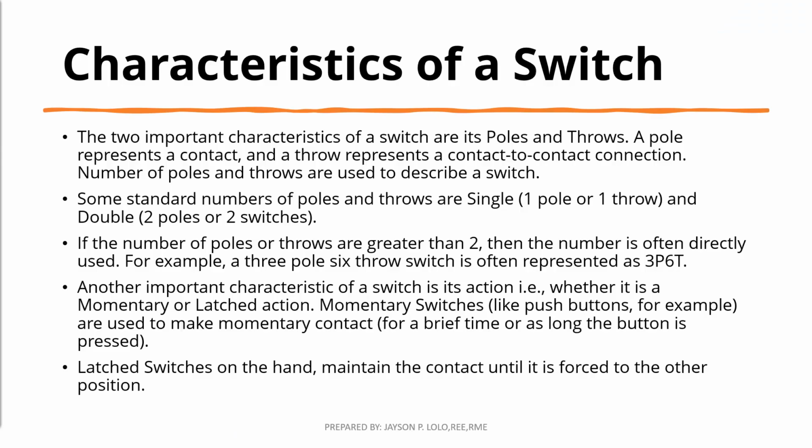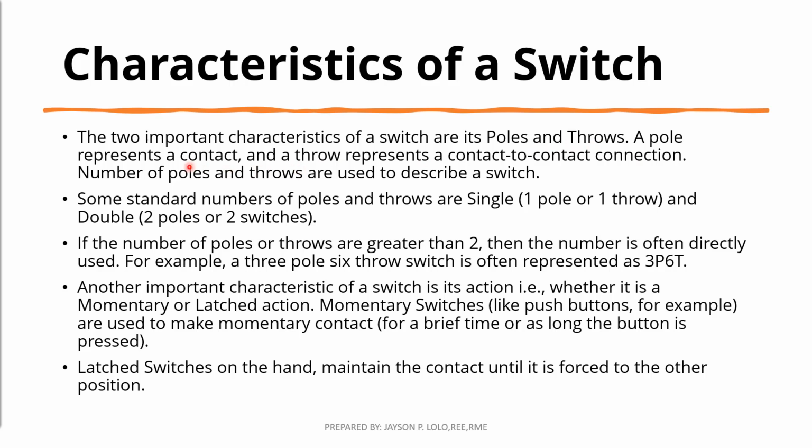Now the characteristics of a switch. I will read the two important characteristics, which are its poles and throws. In the market, you don't just tell the sales representative, I will buy a switch. Remember the two important characteristics in buying a switch are poles and throws.